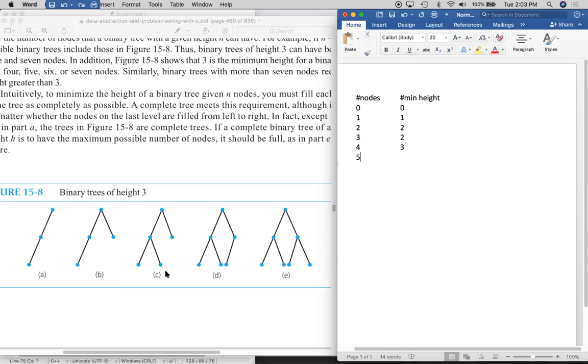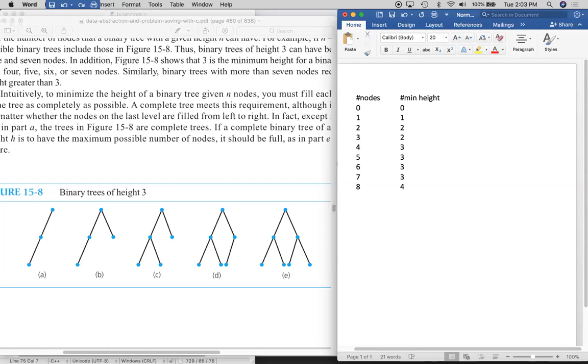Yeah, as a matter of fact, that's what they're doing. They're just adding 1 node at a time. So still 3. Then 6 nodes is like D, so still height of 3. 7 nodes is like part E, so still height of 3. And then when I turn to 8, I'm going to have to add another level, right? So that's going to go up to 4.